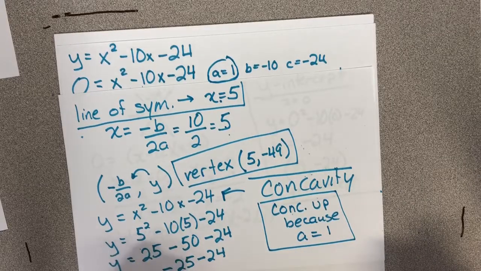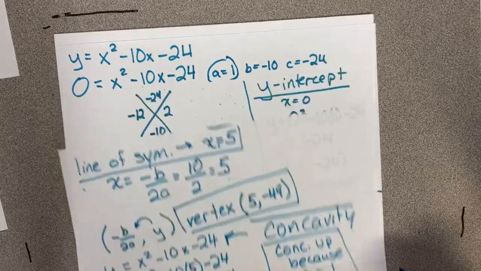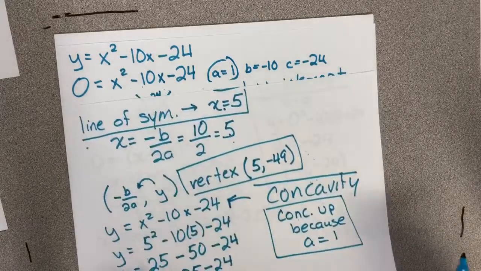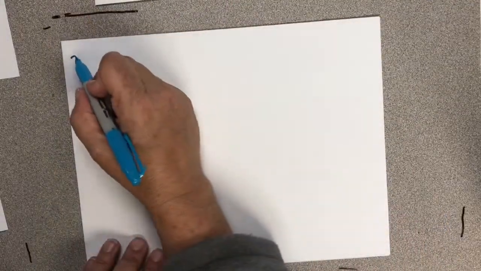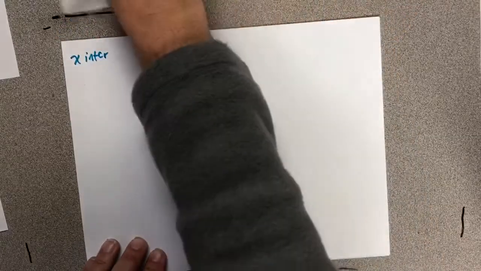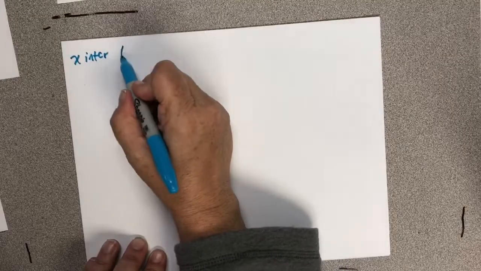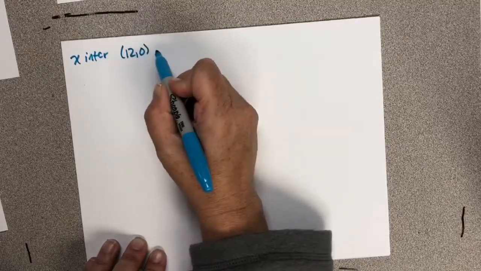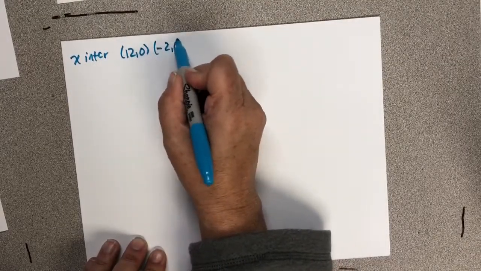So now we're asked to sketch a graph for all of these. And when I sketch a graph using all of these points, the first thing I want to do is see what are the points that I'm going to graph. And what I know about this is I found that my x-intercepts were 12, 0, and negative 2, 0.